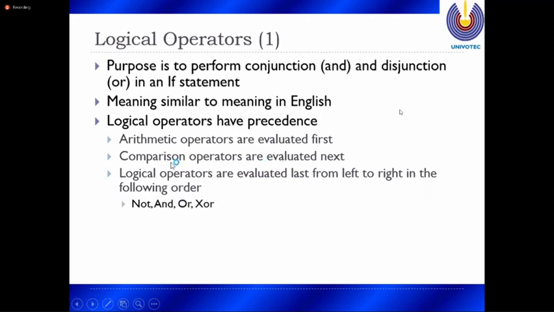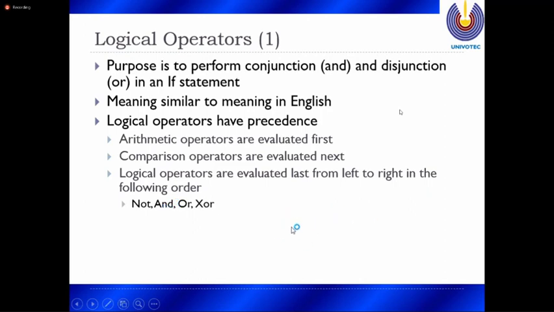In computer architecture, I think you studied the NOT gate, AND gate, OR gate, XOR gate. Here it is also the same. That is used for the truth table. If two conditions are true, with AND the result is also true.